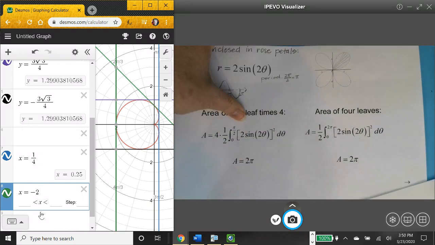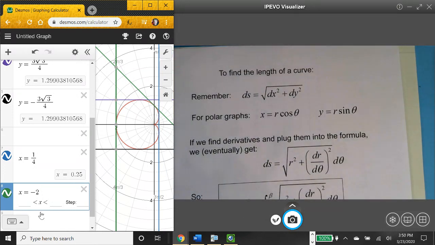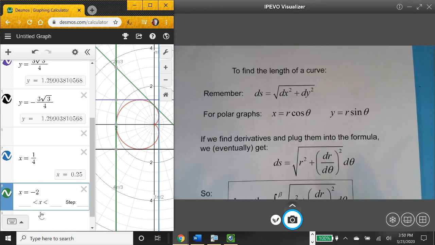Okay, the last thing we need to discuss is the length of the curve. In rectangular coordinates, the length equals the integral from a to b of the square root of 1 plus (dy/dx) quantity squared dx.